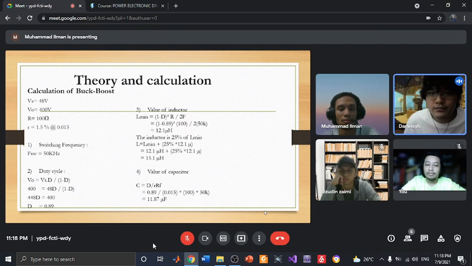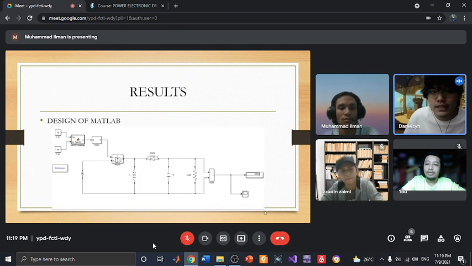We find the L min. We got 12.1 micro, and the real inductor will have 15.1 micro. And the final step, we calculate the capacitor, and we will get 11.87 microfarad.